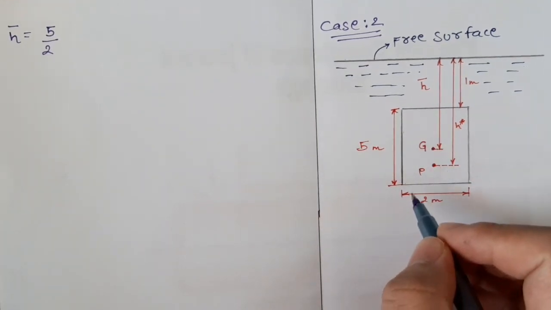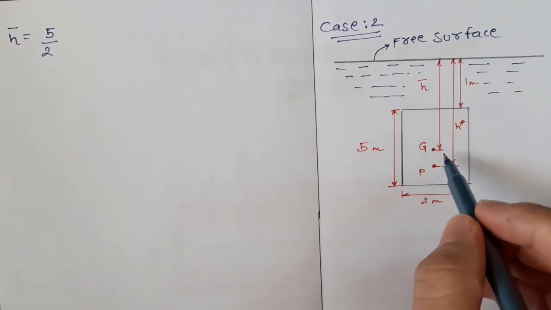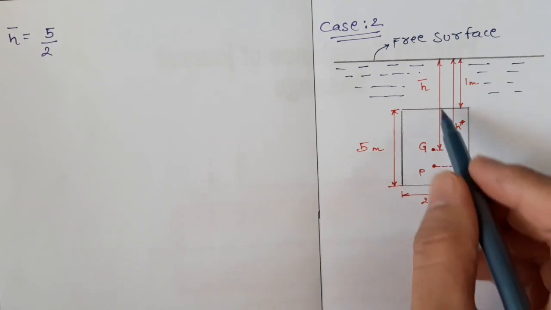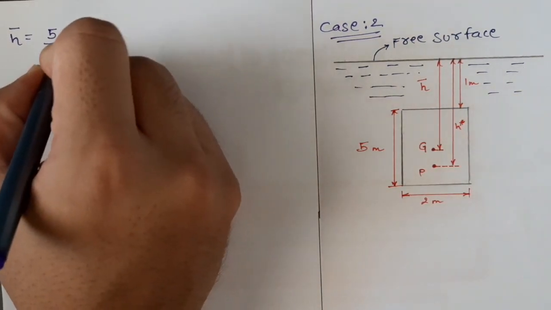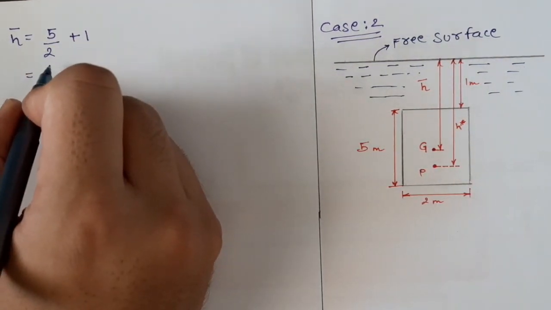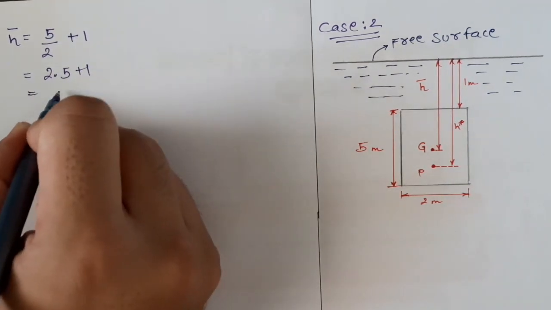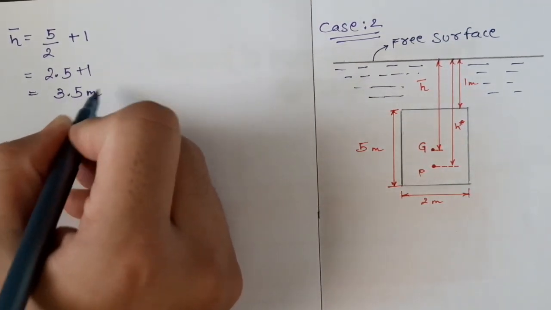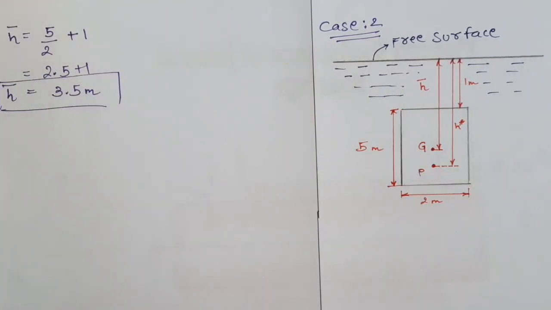Now this is 1 meter. So the distance of G, h bar, will be 1 meter plus 5 by 2, which is 2.5 plus 1, equal to 3.5 meter. So we got h bar.